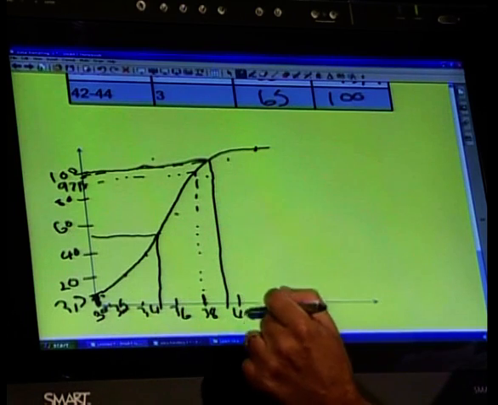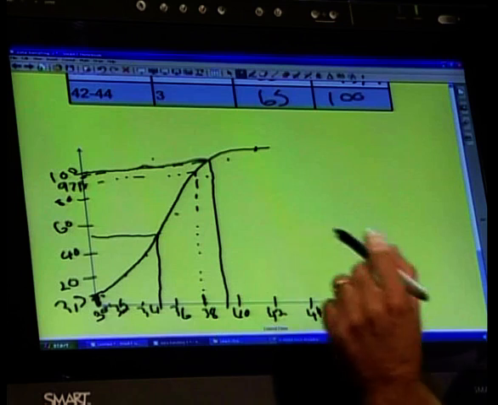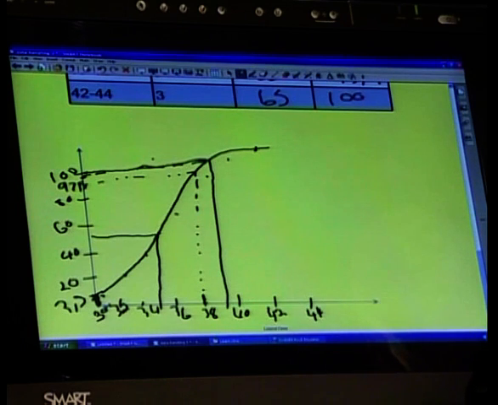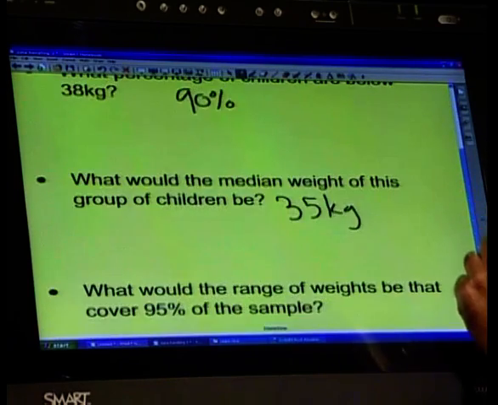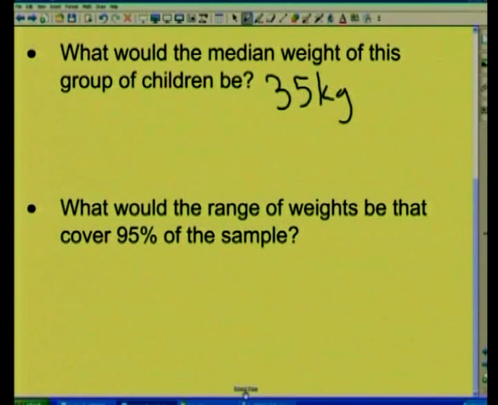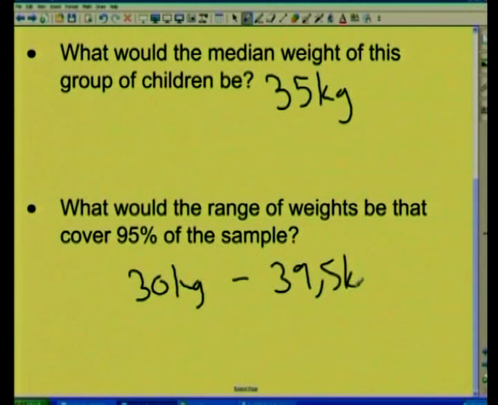And here for the 97.5, we're looking at maybe, say, 39.5. So what we can say for this one is that the range, let's just extend our page, the range goes from 30 kilograms to 39.5 kilograms. That range would cover 95% of this sample.